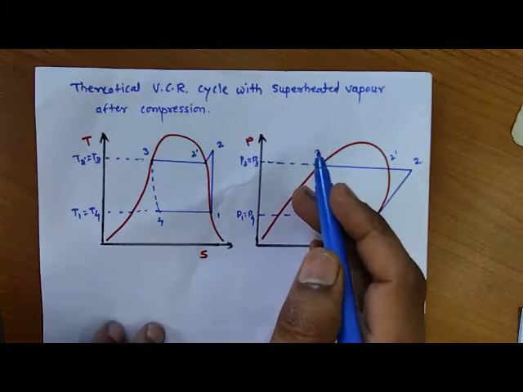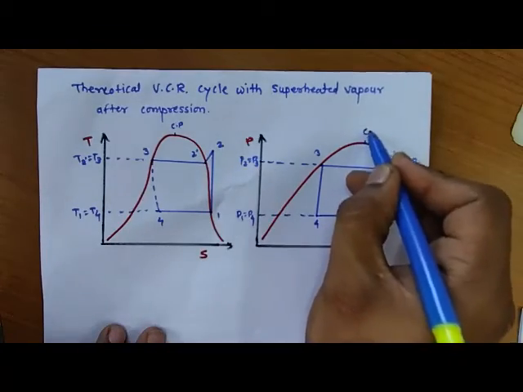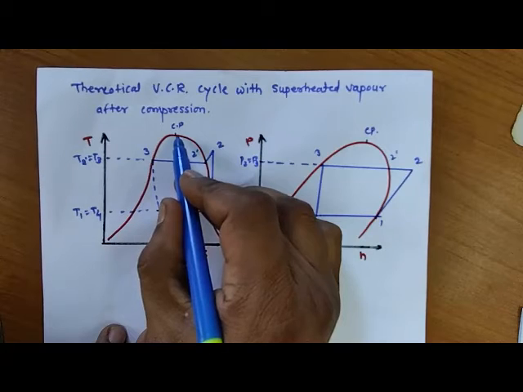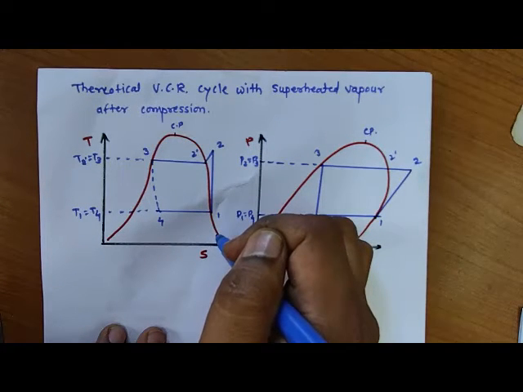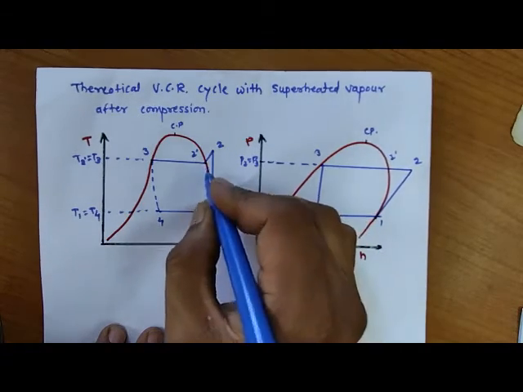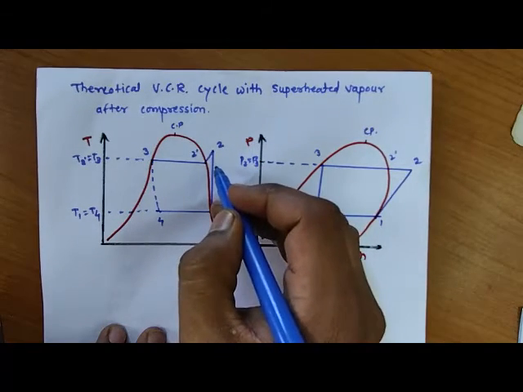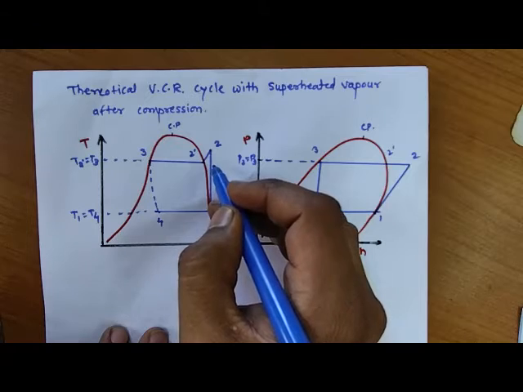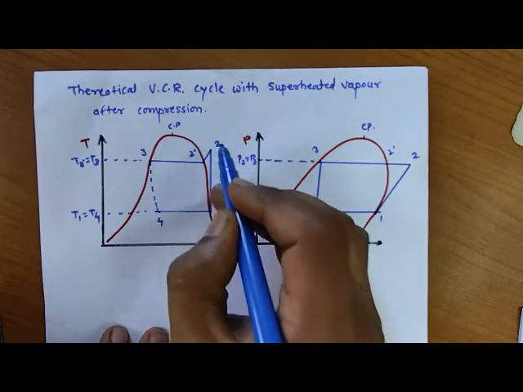So where is the superheated region? If you see here, this is the critical point, and the right-hand side curve of the critical point we have stated as the saturated gas line. The right side region of the saturated vapor line or gas line is considered as the superheated vapor region. So point number 2 is available in this region.